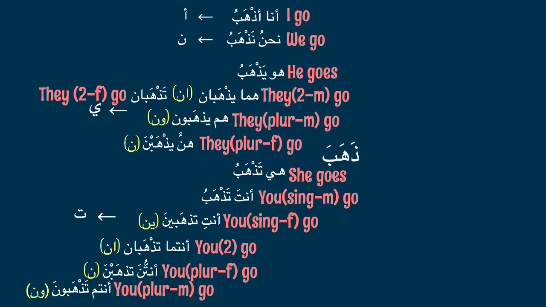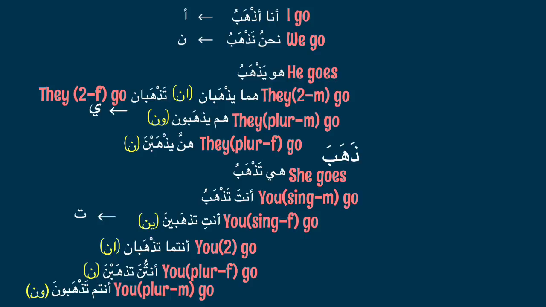In the past tense, we had a certain pattern with the vowels like ذهب, ذهبت. It's the same in the present tense. We have a harakat pattern that we have to take care of while conjugating our verb.